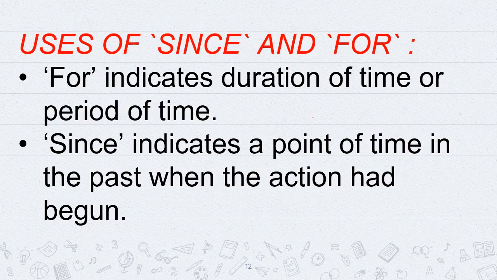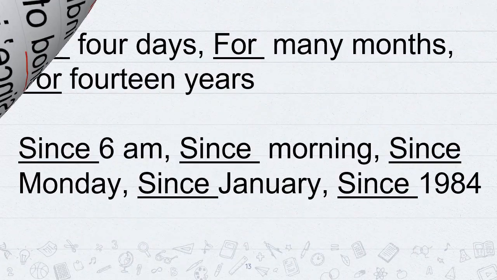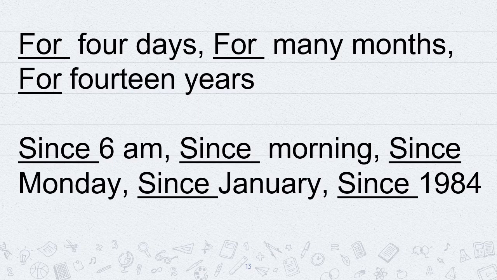Now let's have a look at uses of since and for. For indicates duration of time, or we can say period of time, whereas since indicates a point of time in the past when the action had begun. For example, we can say for 4 days, for many months, for 14 years.